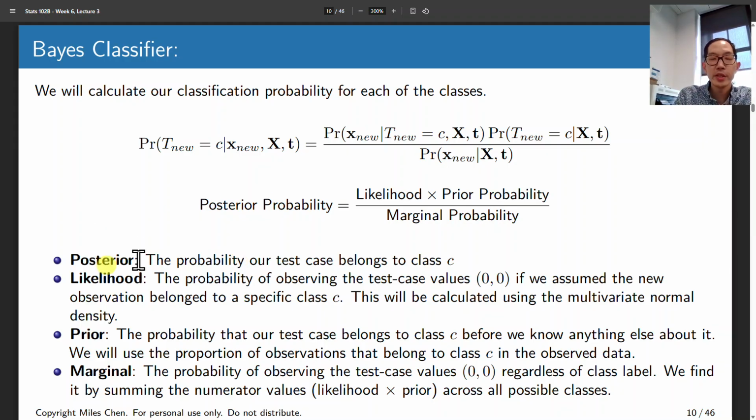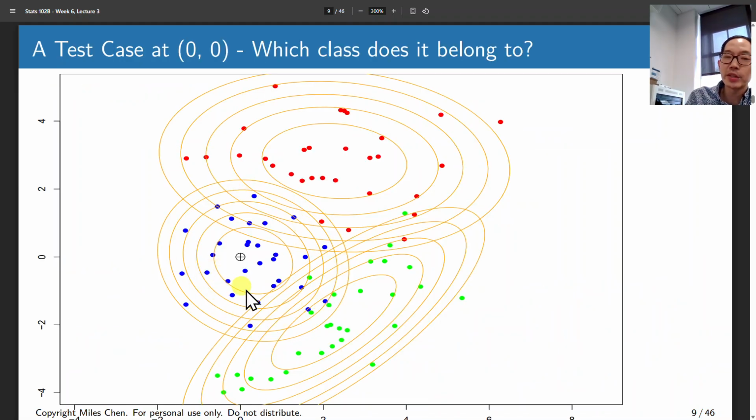Okay, so again, we're going to calculate this by doing the likelihood times the prior divided by the marginal. Our likelihood calculations are based off of our estimated things because we don't know the actual generating distribution. I guess if you did somehow know the actual generating distribution, you should use that, okay?